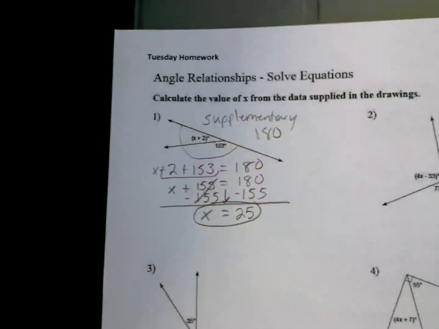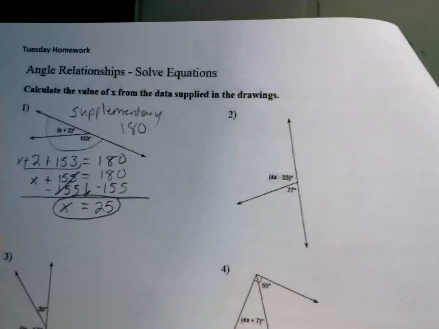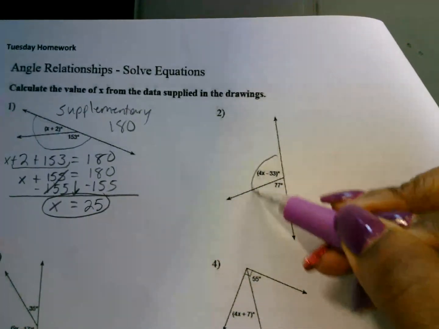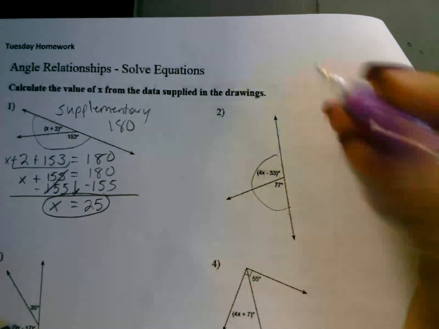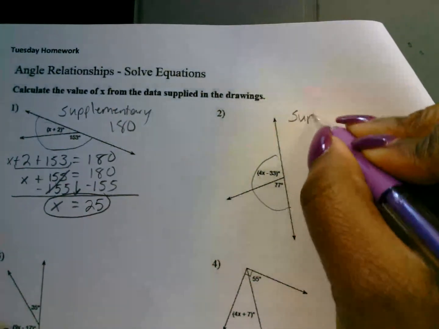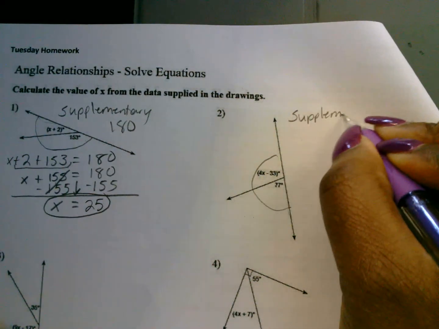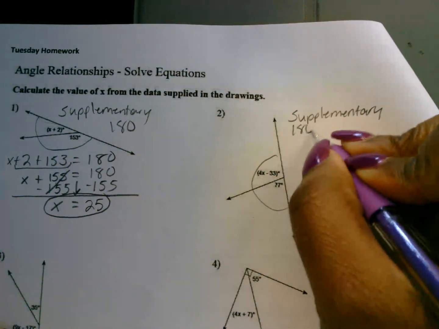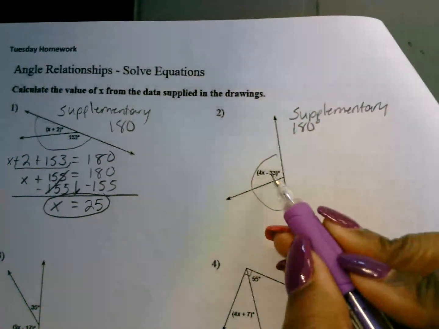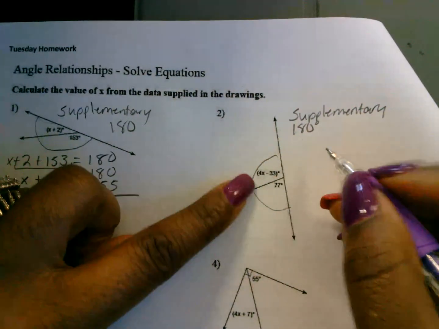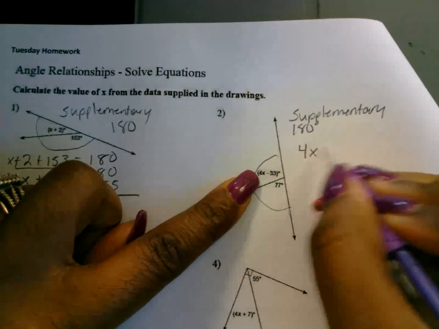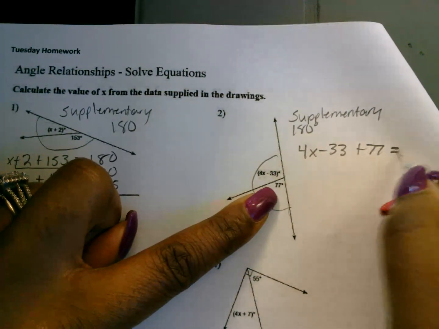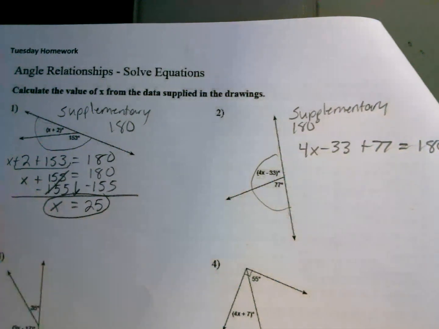Okay? All right, we're going to do number 2. Again, these two angles form a straight line. They are also supplementary. That means the two angles combined will add up to 180 degrees. So you're going to add this angle, which is 4x minus 33, plus the 77, and set it equal to 180 degrees.